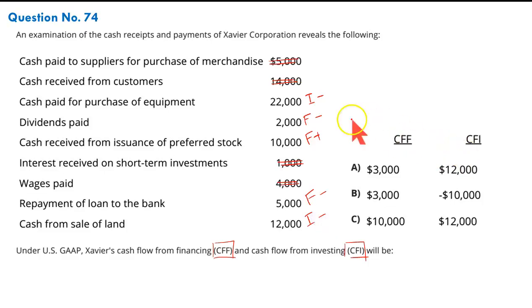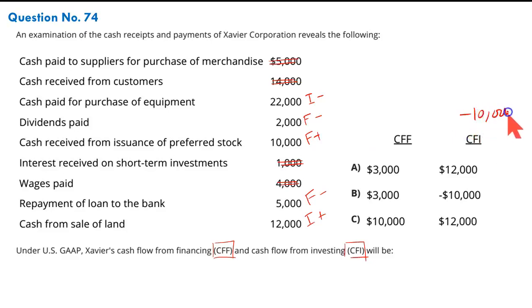You just have to add these up. Let us first do this for investing. 22 negative and 12 negative. 22, cash from sale of land, it's an inflow. So negative 22 plus 12 should be 10. Still negative, 10 negative.